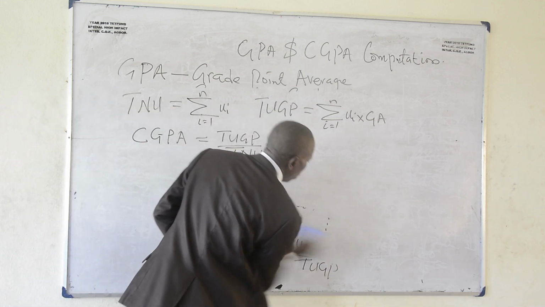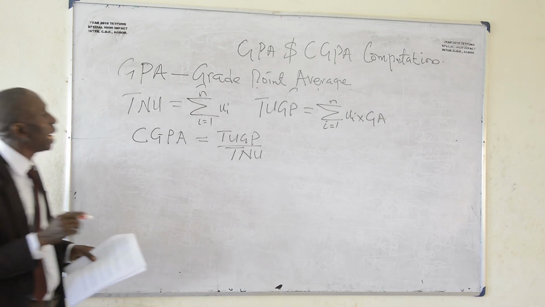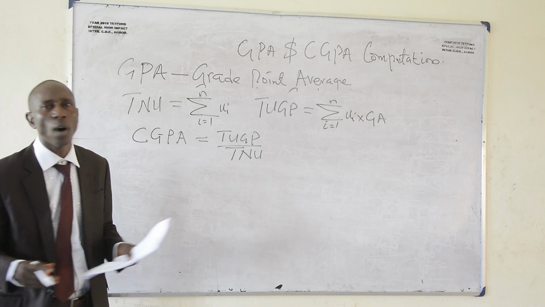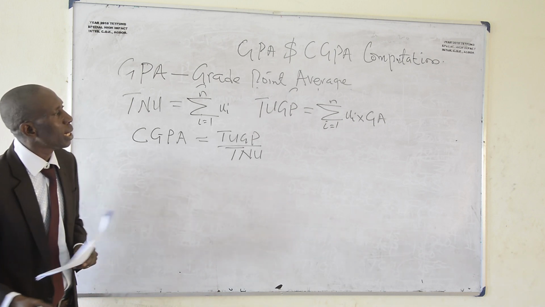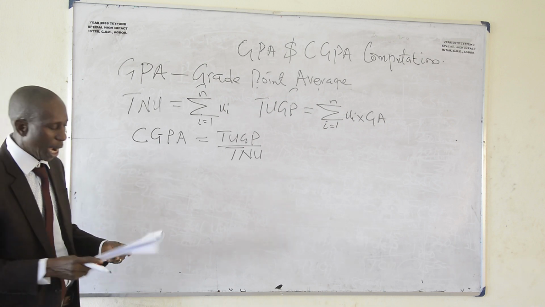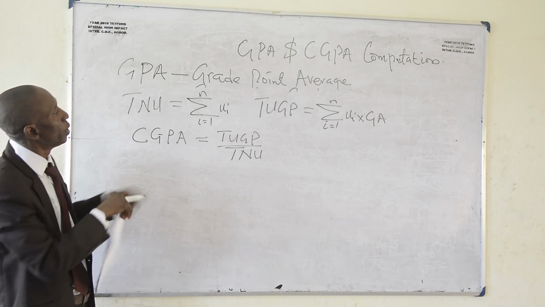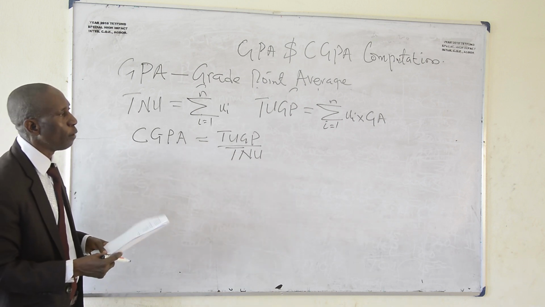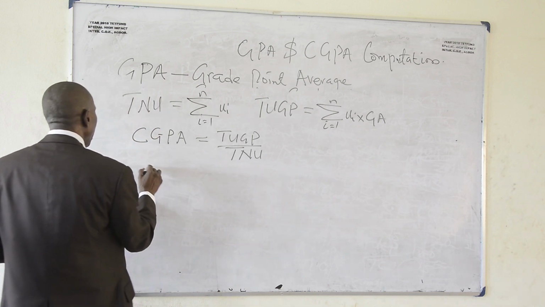Now that we can calculate our GPA and our CGPA, the next thing you have to know as a student is your progress. Which class of degree are you coming out with, with this CGPA that you've accumulated? And so we have the following categories.